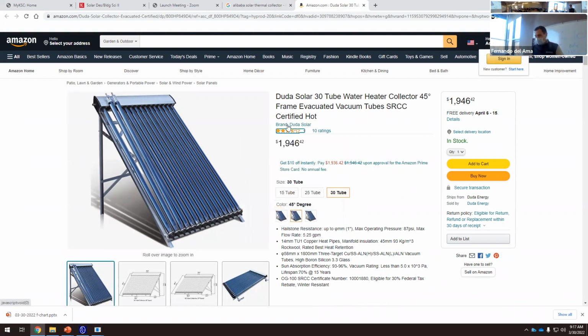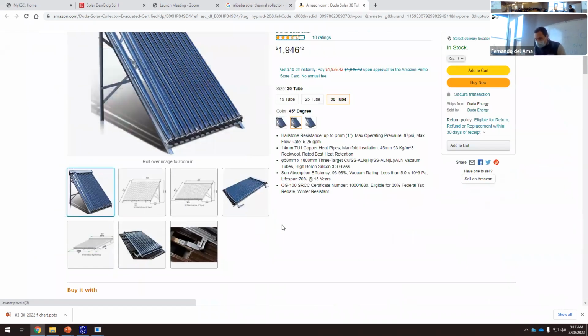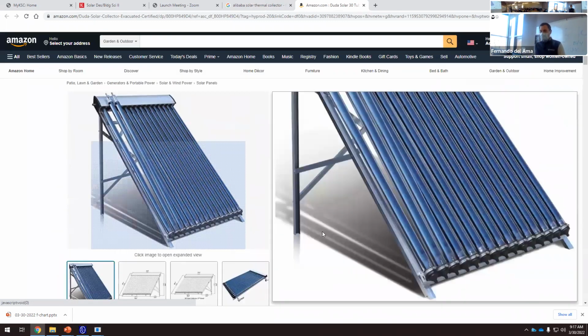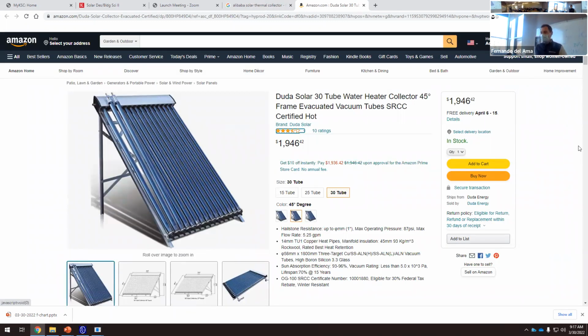So here we have 1,900, so almost 2,000. But what does it mean? We need to find out if this is just the panel. This is not the panel, so probably this is the system. So it includes the panel, the pipes, the water tank, and it's certified.